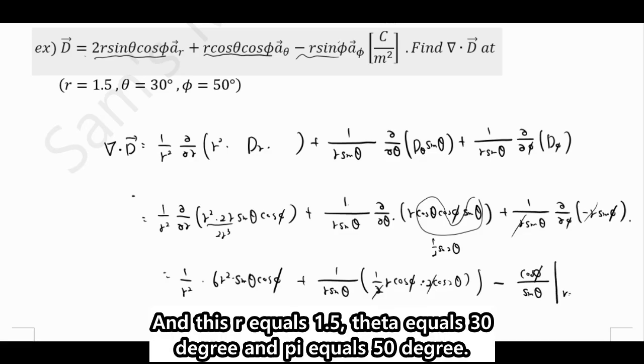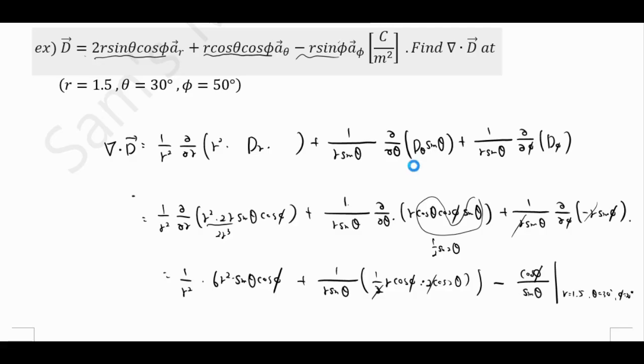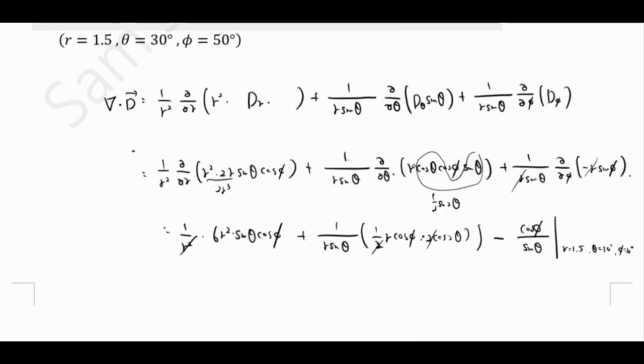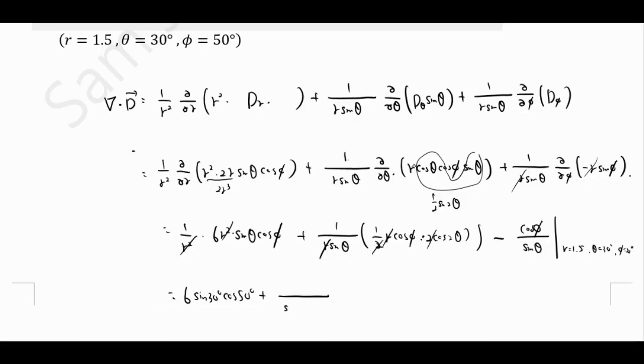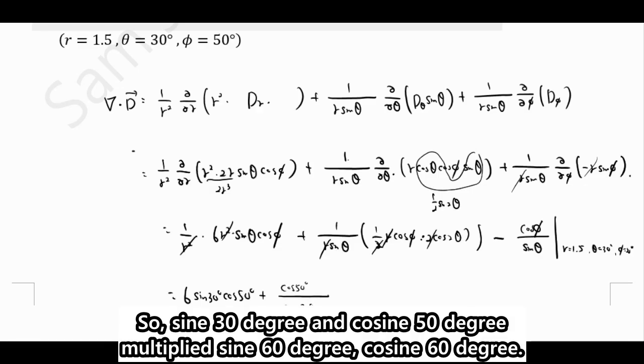Here r equals 1.5, theta equals 30 degrees, and phi equals 50 degrees. So r is cancelled. This is 6 sine 30 degrees cosine 50 degrees, plus, this r is also cancelled, so sine 30 degrees and cosine 50 degrees multiplied by cosine 60 degrees, minus cosine 50 degrees over sine 30 degrees.